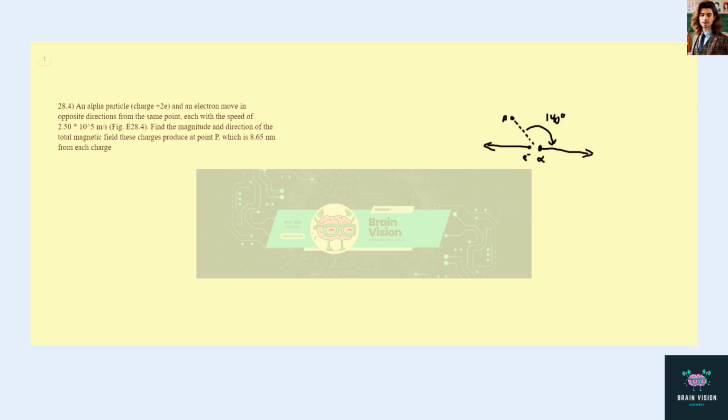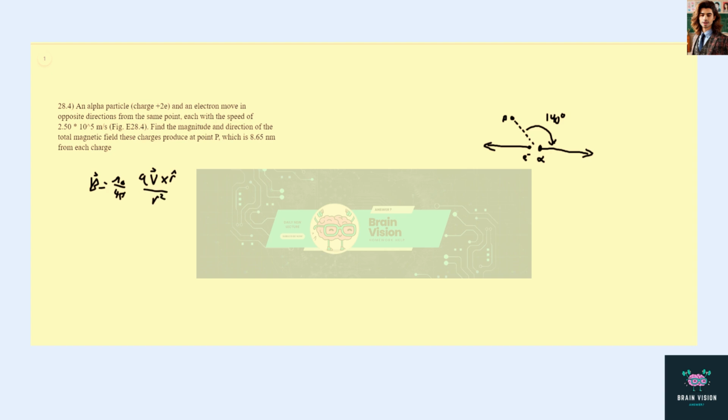Okay, so we need to solve this using the equation for the B field of a moving point charge. That equation is B equals mu naught over 4 pi, Q, velocity vector v cross r hat, over r squared.